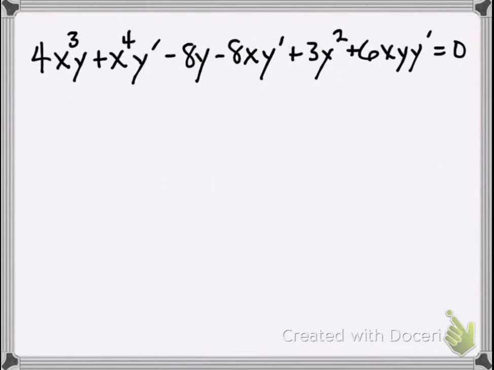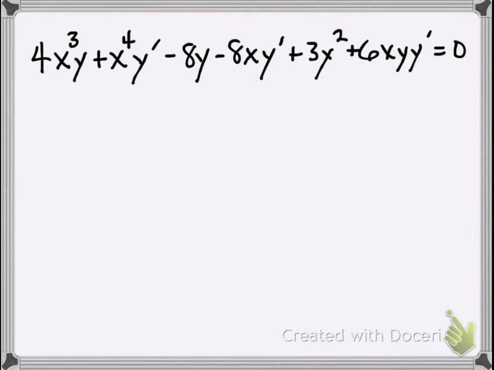So there it is. And so now what we're going to do, again, we want to keep all of the terms that have y prime in them, and there are 3 of them. We're going to keep those on the left side of the equation, and then all the other terms we're going to move over to the right side of the equation.